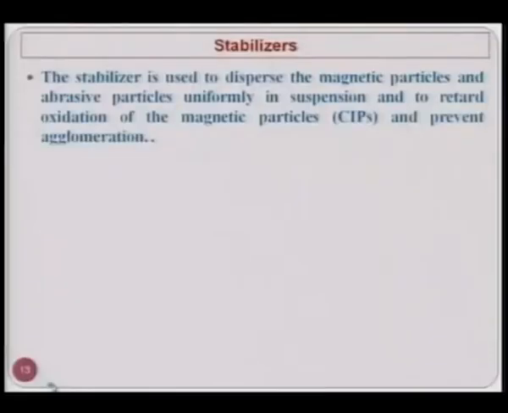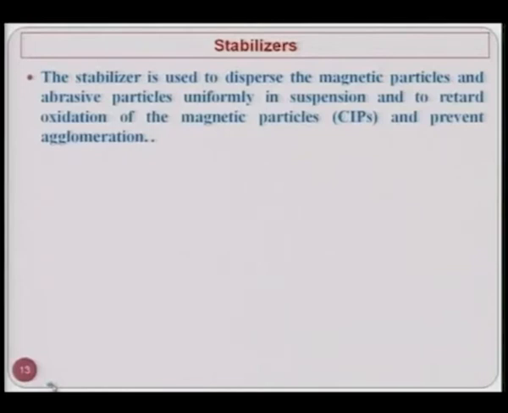Stabilizers are also used in this particular medium. The stabilizer is used to disperse the magnetic particles and abrasive particles uniformly in suspension and to retard oxidation of the magnetic particles and prevent agglomeration. This is very important.